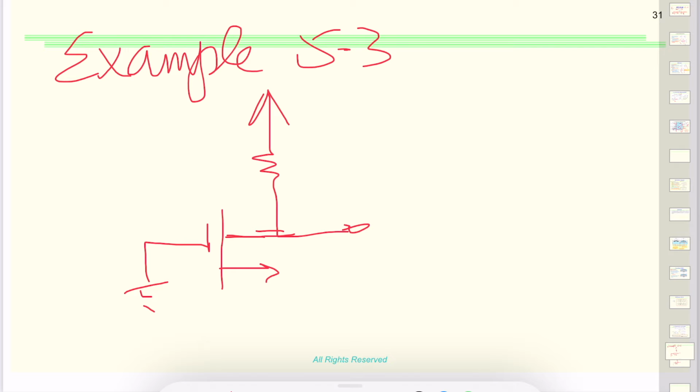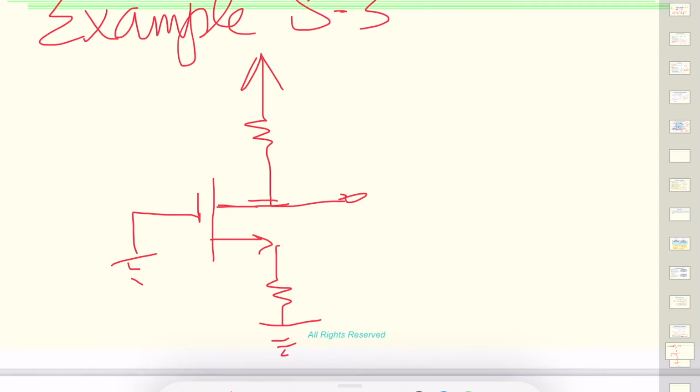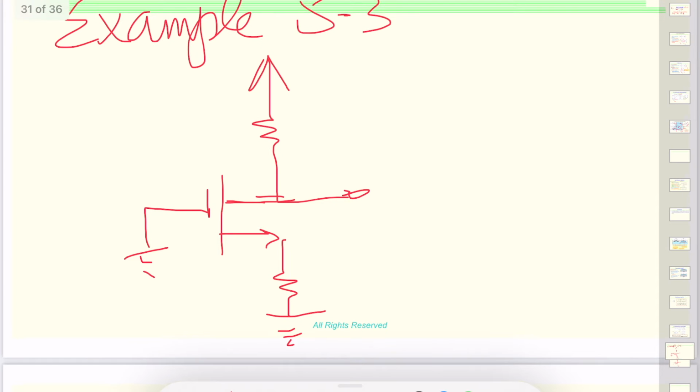The arrow tells us this is NMOS, and we have two voltage sources. In this case, VDD is given as plus 2.5 volt.